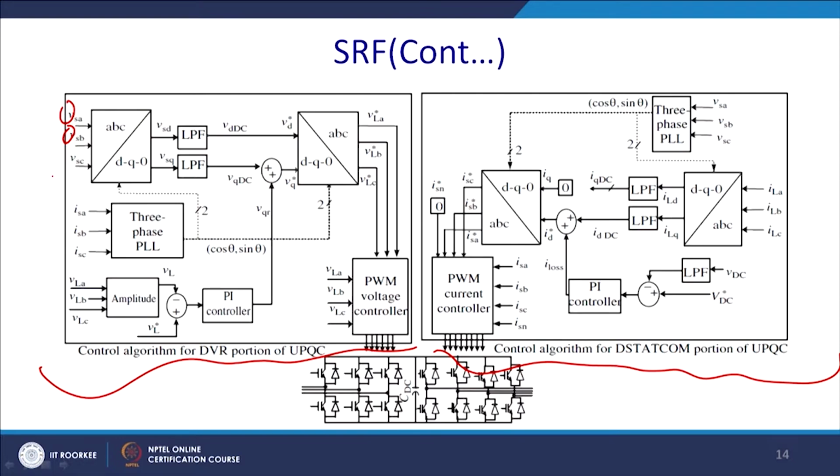From there we shall transfer from the ABC to the DQ frame by Park transformation with the help of the phase lock loop, PLL. In the DQ frame there will be Vd and Vq, and we know that the harmonic content present can be 6n plus minus 1.